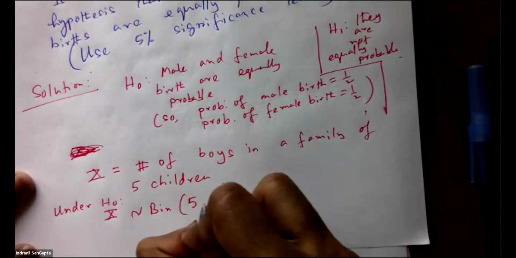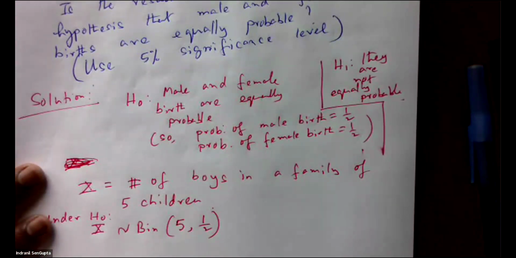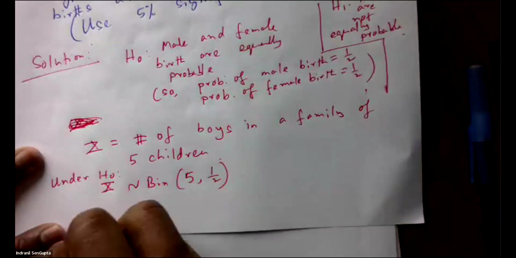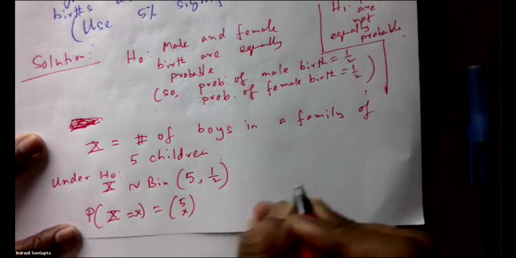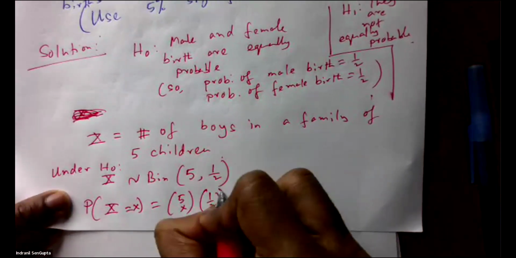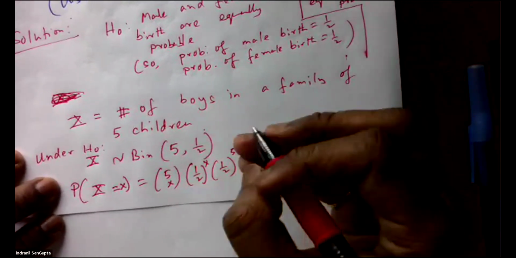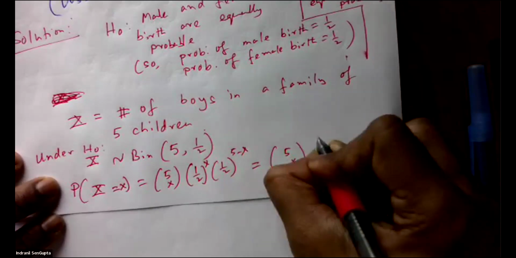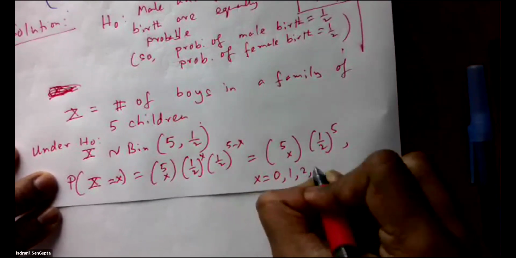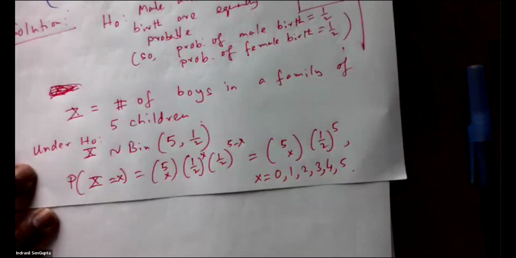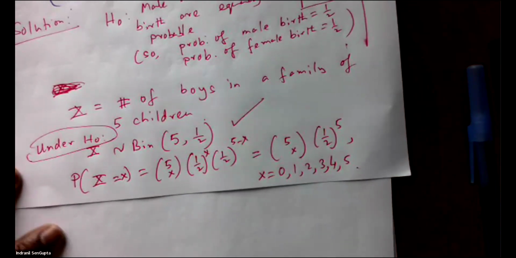So basically, I have 5 children, and with equal probability 1/2, right? So what is P of X equals little x? That is 5 choose x, 1/2 to the x, times 1 minus 1/2 to the 5 minus x, which is 5 choose x, 1/2 to the 5, for x equals 0, 1, 2, 3, 4, and 5. So these are the probabilities of the binomial under the null hypothesis.